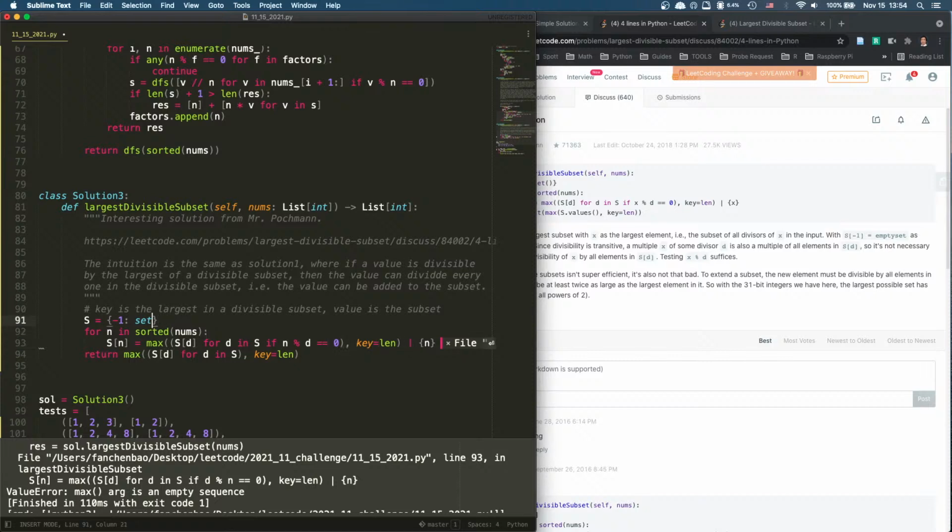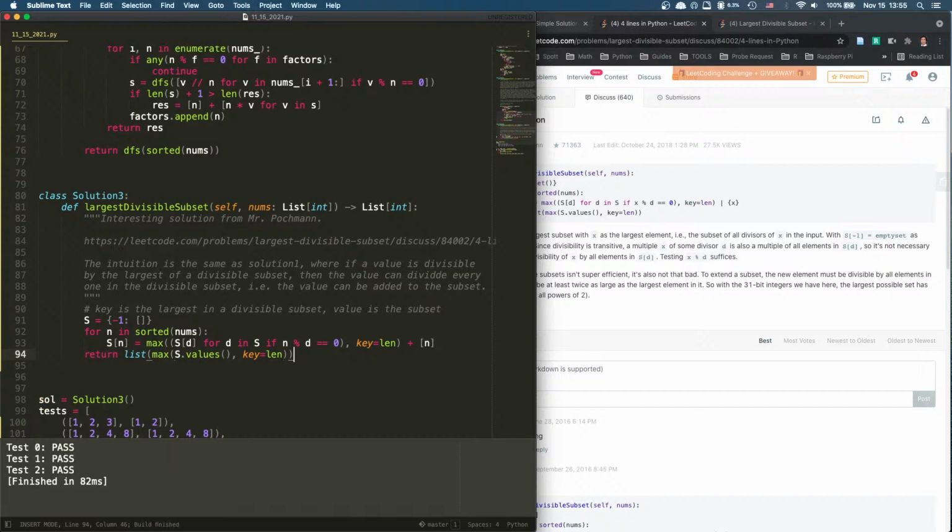Now in that case, I think maybe I can use plus. Maybe this one. And this, yeah. S dot values. I don't know what I was thinking. And list it. It's much faster than this.